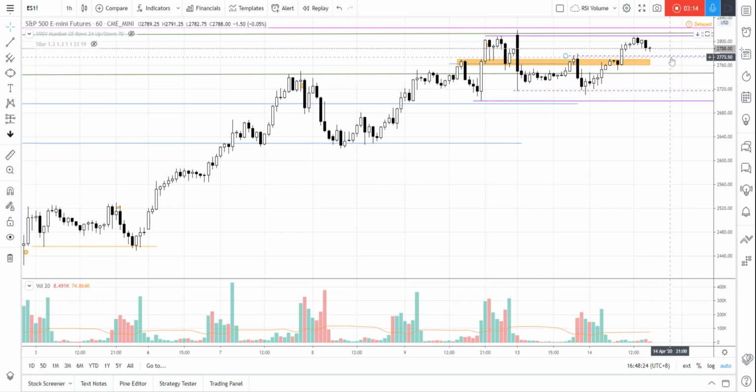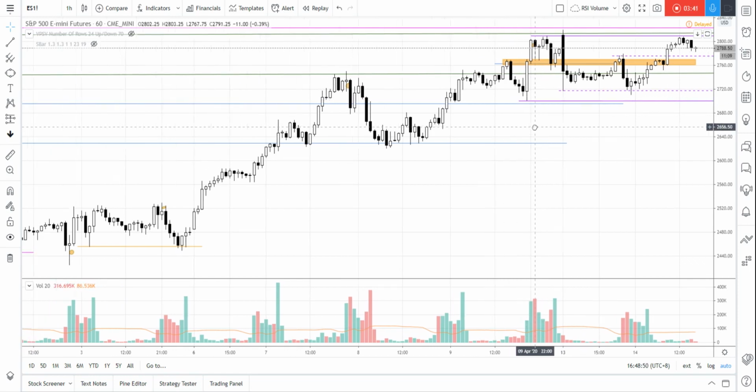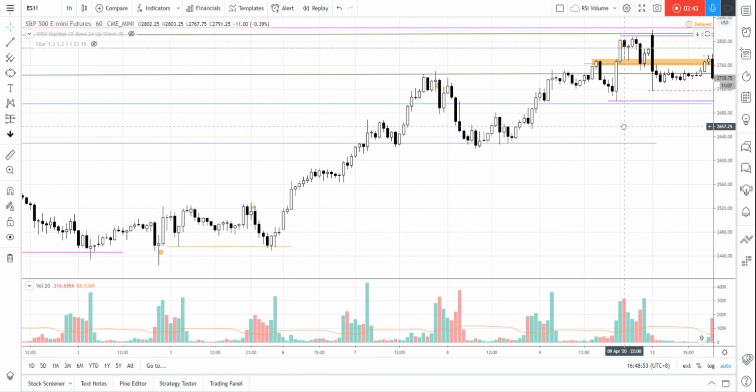So let's get started with a walkthrough of my trade from yesterday, in the first 90 minutes, the first 1.5 hours of the US session. Before I get started, I usually prepare my trades and draw up the key levels, like you can see here. This is the day low from the day before, and this is the day high from the day before.